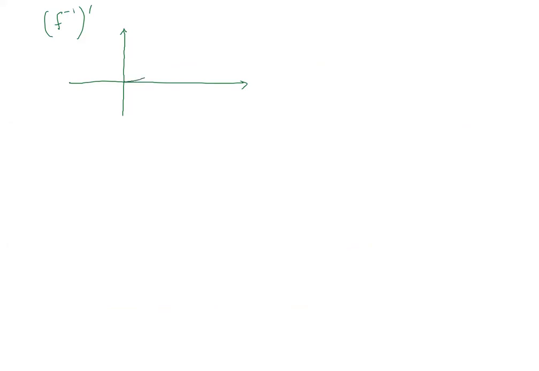Let's say that you look at this function, so this is y equals f of x. It turns out that its inverse is symmetrical with respect to the bisector of the first quadrant. So the inverse would look like this. This would be y equal to f to the negative 1 of x.